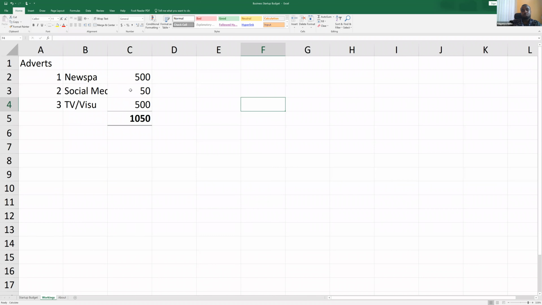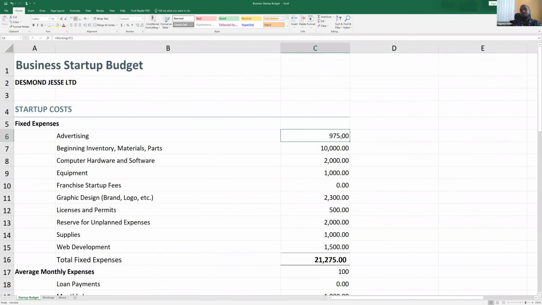So maybe social media, you revert it to 25, and this one to maybe 450, and it becomes 975. You don't have to come here and write 975. Automatically it picks. So try as much as possible to link so that you don't have block figures. And this one will help you.